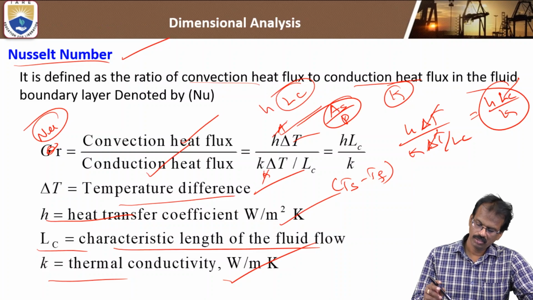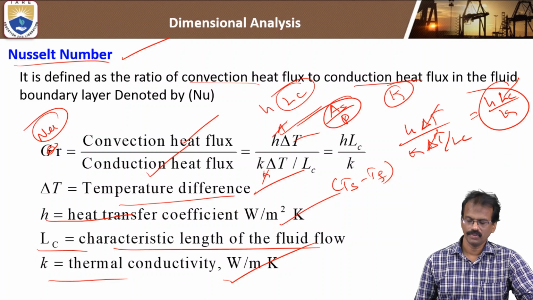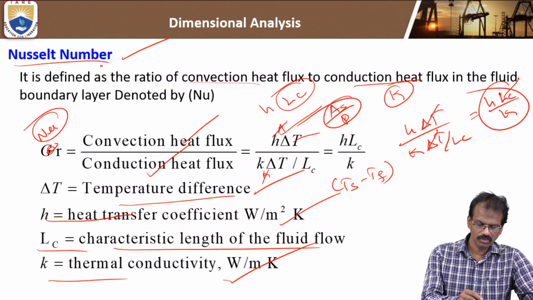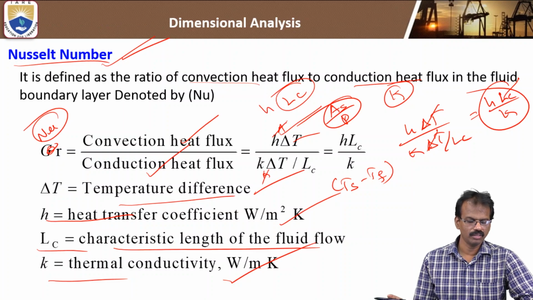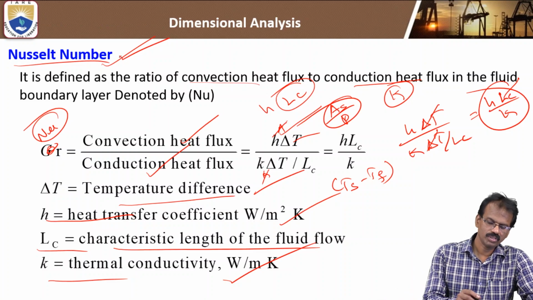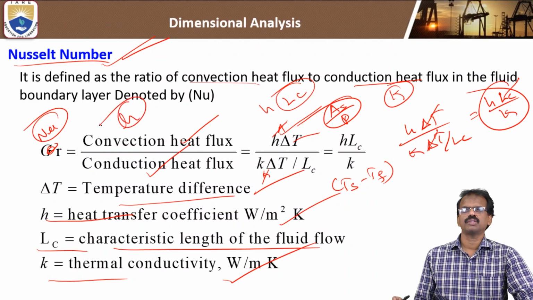These are the parameters included in the Nusselt number. The Nusselt number is also a dimensionless number. It is used to study the convection process or conduction process. In both processes, we use the Nusselt number to find out the h value, the rate of heat transfer value.